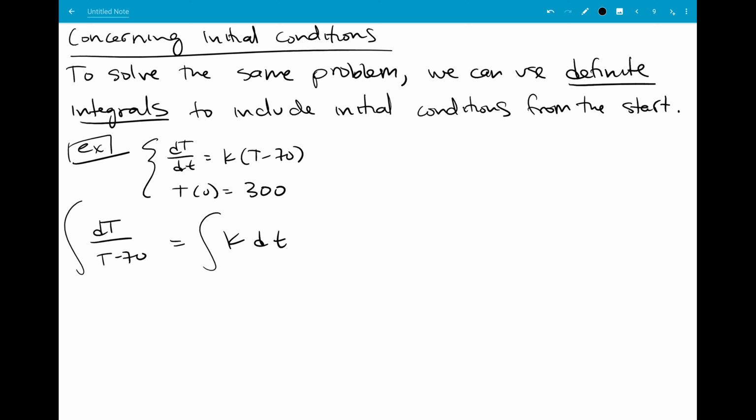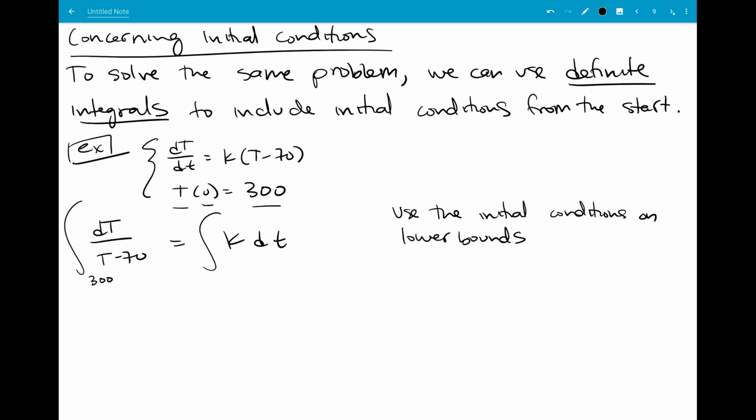And the way I'm going to do that is I'm going to remember that I was given initial conditions for lower bounds. The first temperature that I ever consider is 300.